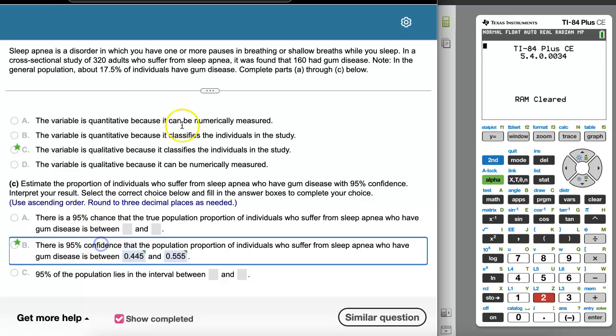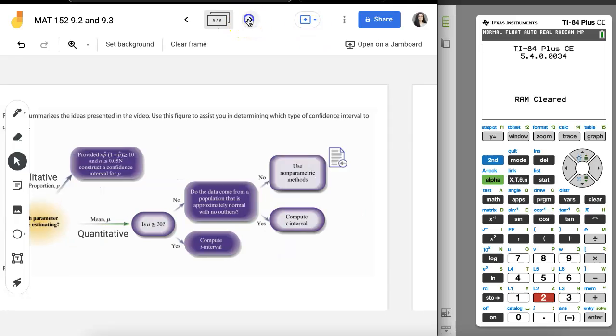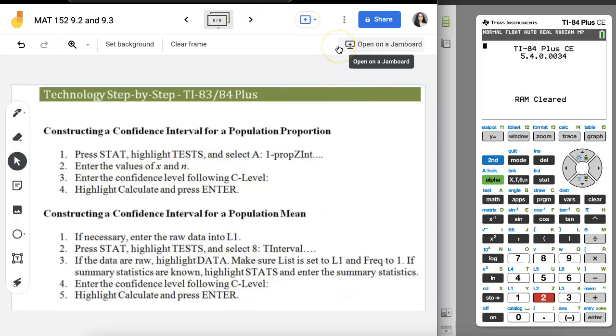Okay, so I also took another screenshot here of the technology step-by-steps for both the confidence interval of a population proportion and constructing a confidence interval for population mean, the two things that we did in Chapter 9. Again, we're looking at this first one because we have qualitative data.